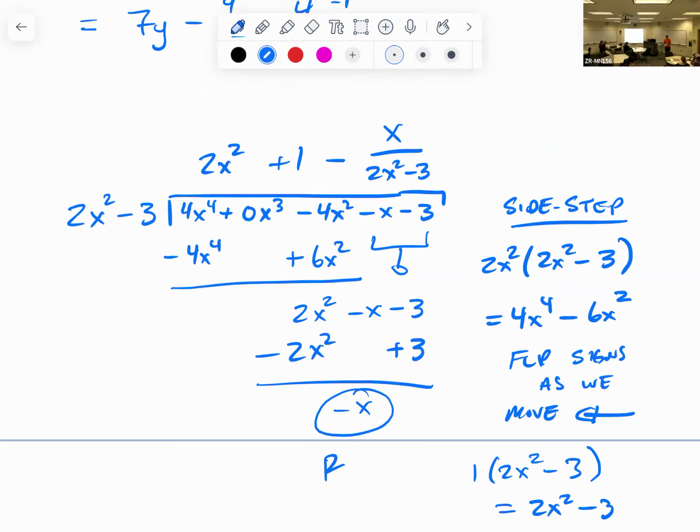Can you explain why we dropped the negative x but not the cubed one? Will you explain that again? We drop the negative x as the remainder. Well, because this is 0x cubed. 0 plus 0 is still 0.